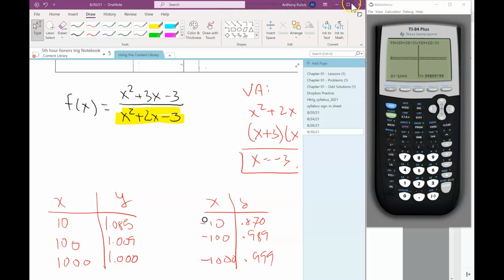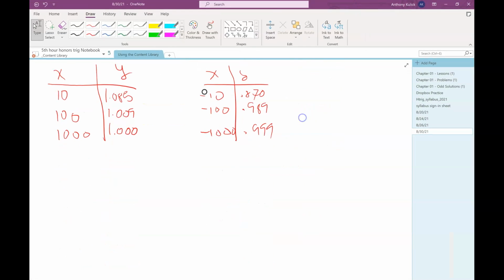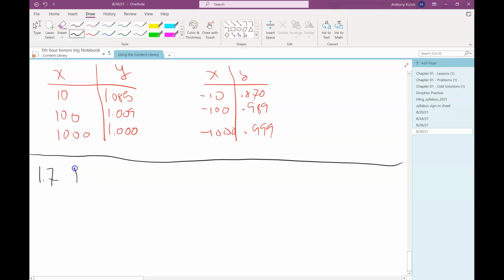The next thing that we'll talk about here is function operations. And so there are 4 basic function operations that we would have learned. Well, they're just like the analogs of the 4 basic operations we learned in elementary school.